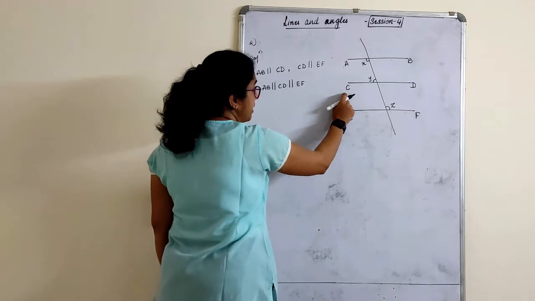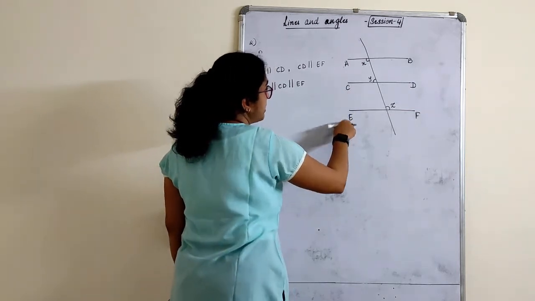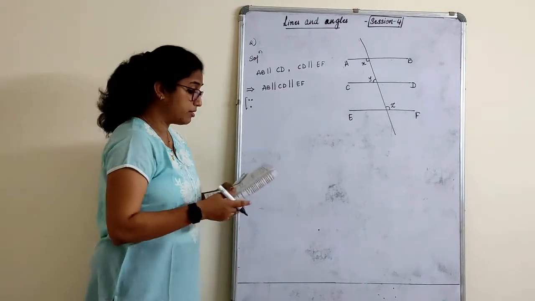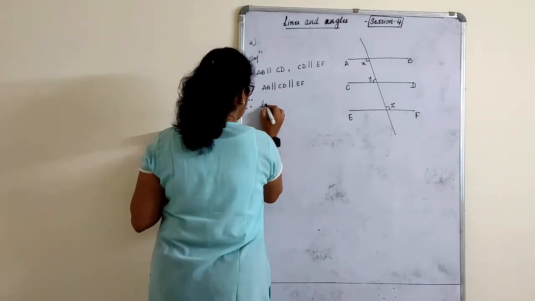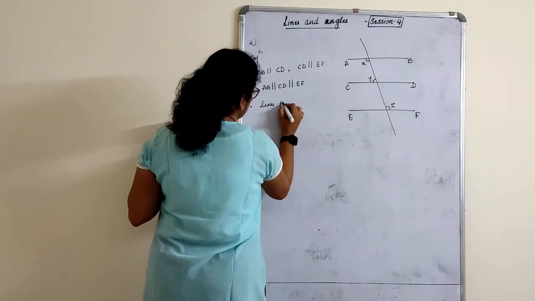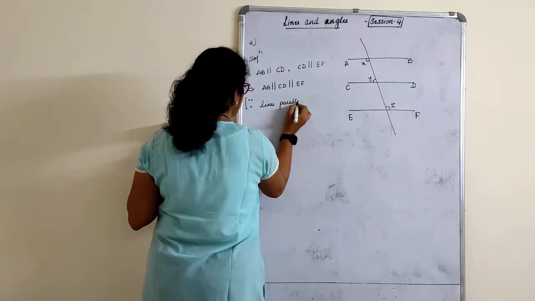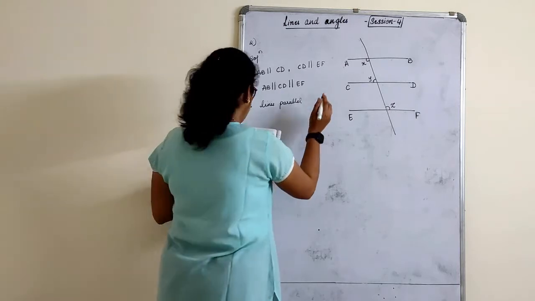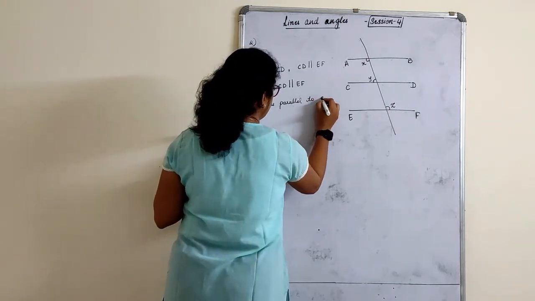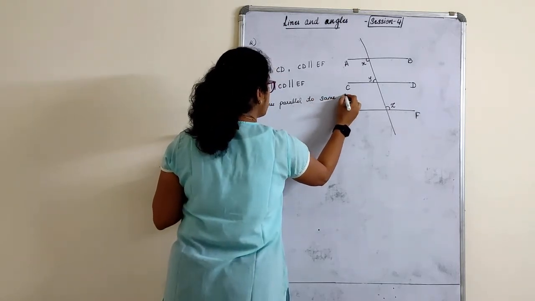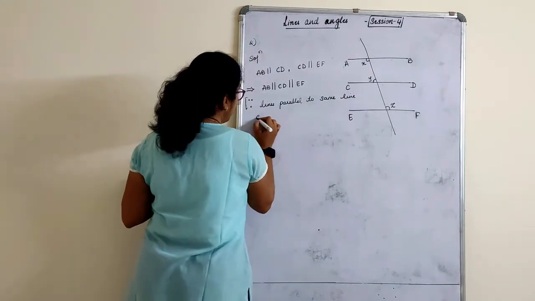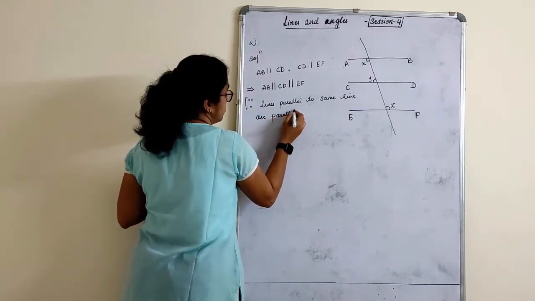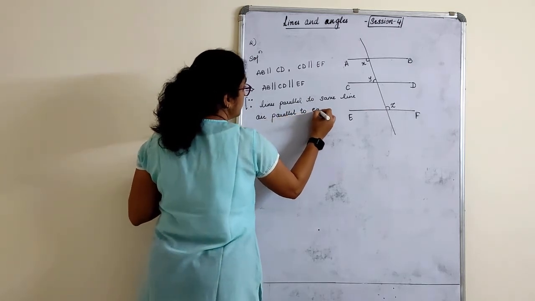If AB is parallel to CD and CD is parallel to EF, can I tell AB is also parallel to EF? Yes, all are parallel to each other. Anything you write, there should be a reason in geometry. Lines parallel to the same line are parallel to each other.